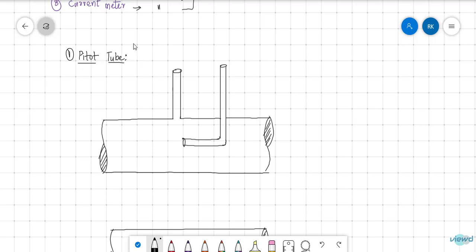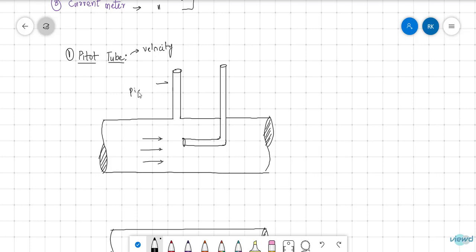The principle of a pitot tube, this pitot tube is for velocity. The principle of this pitot tube is by making the velocity zero and increasing the pressure head, we balance the energy equation, that is Bernoulli equation, and we find the velocity. So how do we find that? The flow is in this way, and there is a piezometer.